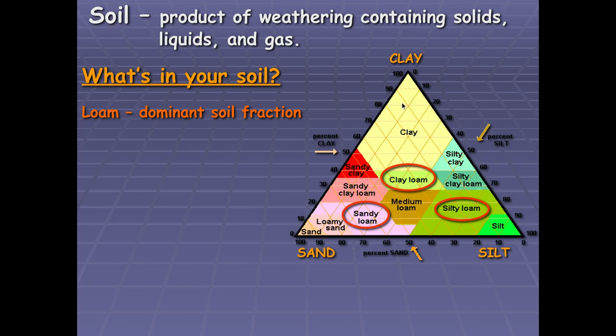Anywhere in between the points of the triangle is a percentage of sand, clay, and silt. So, for example, we can go back to the sand percentage down here where it says 100% sand. As we move away from the 100% sand, we become 90% sand, 80, 70, 60, 50, 40, and so forth. The same thing takes place with the silt and clay.